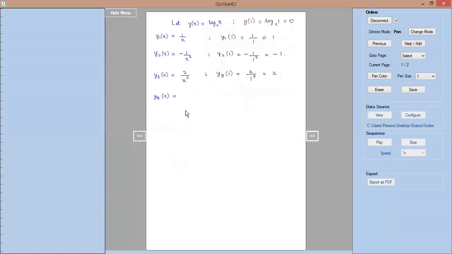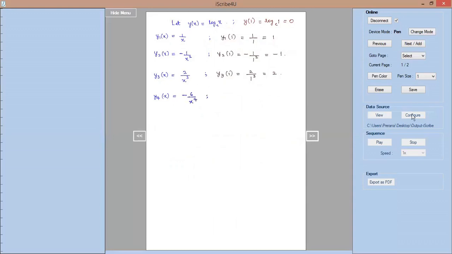So let us find out y4 of x first, followed by y4 of 1. Differentiation once again with respect to x, 2 is a constant. Differentiation of x power minus 3 will be minus 3 into x power minus 3 minus 1, which is minus 4. So we already have a 2 here. So this becomes minus 6 divided by x power 4.